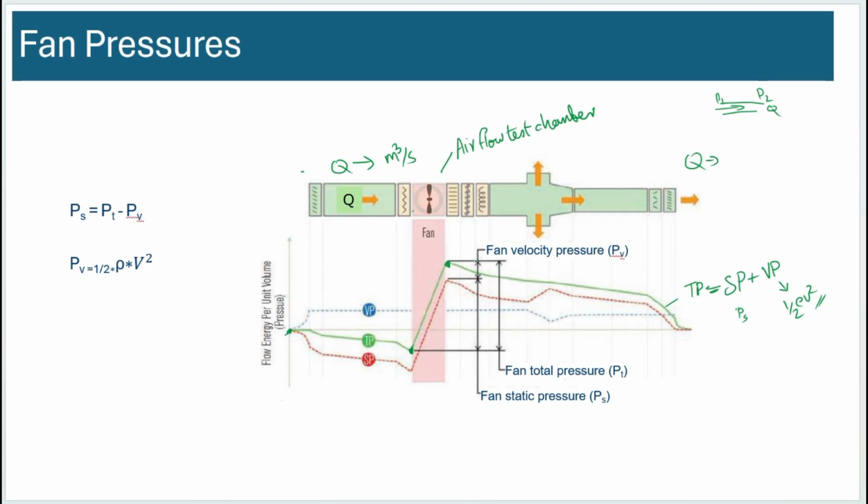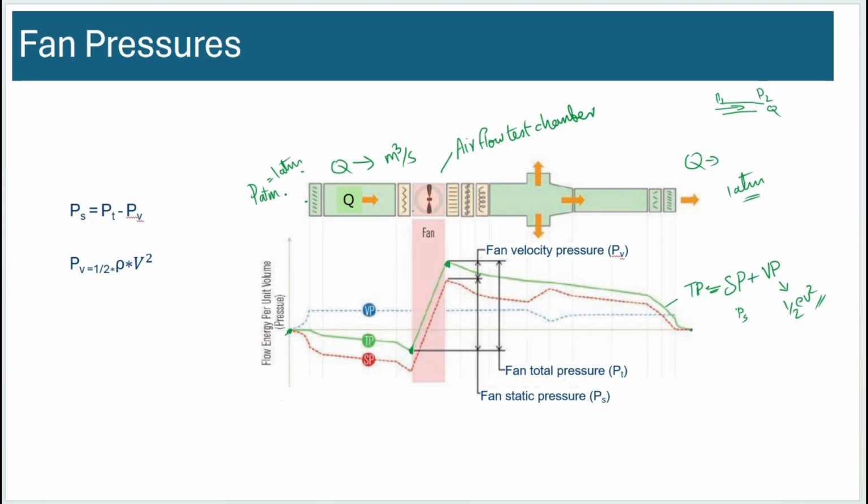It's not decreasing constantly. It's actually decreasing from the beginning until it reaches the fan, where it's the lowest pressure, and then it jumps to the highest pressure, and then it goes all the way back to the same pressure. So outside is P atmosphere. Okay, let's say P atmosphere is 1 atmosphere. So let's assume 1 atmosphere outside the test chamber. Okay, so if you start at 1 atmosphere, you'll finish at 1 atmosphere.